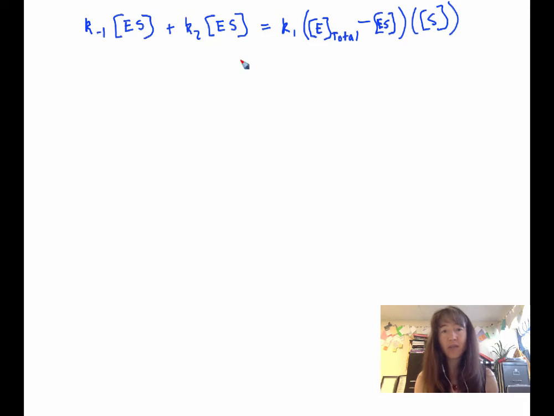So this puts us in a place where we can group the rate constants, because as it turns out, that's how we're going to get the Michaelis-Menten constant, Km.